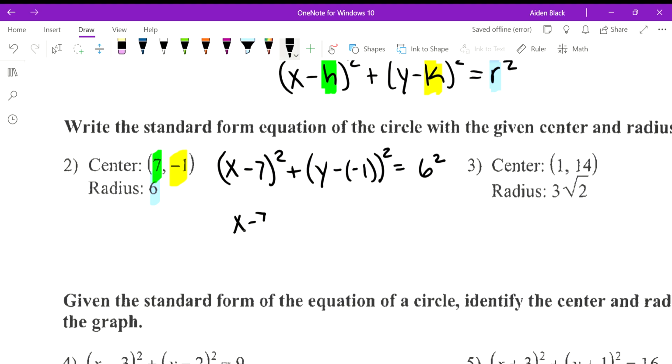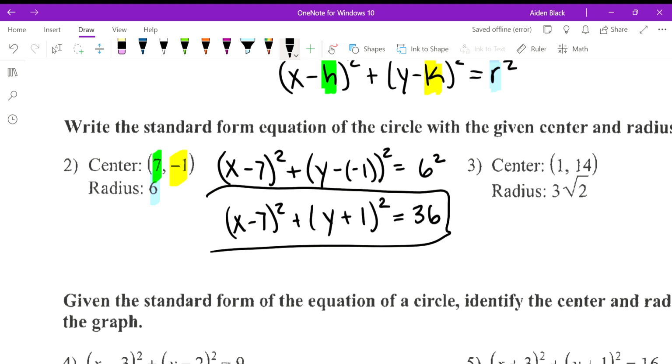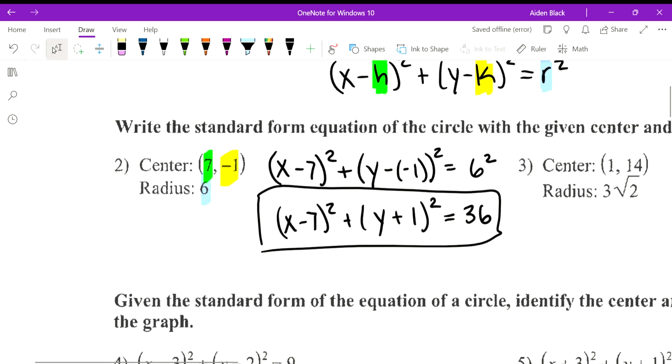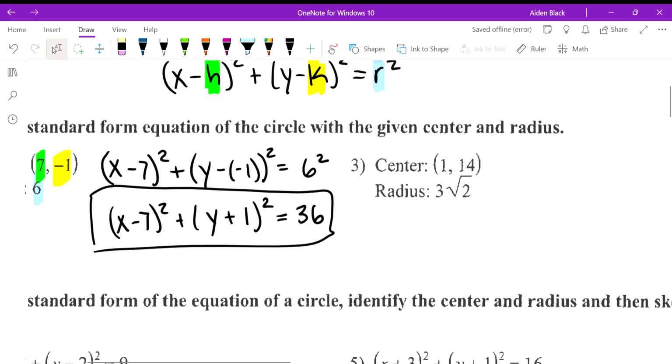So you should notice that this should really be y plus 1. And then 6 squared, pretty easy, right? 36. So this is the standard form equation for that circle centered at (7, -1) with a radius of 6.